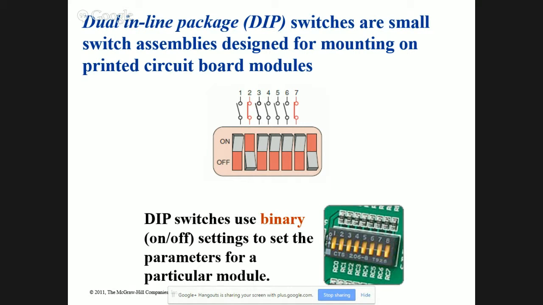Dip switches. A lot of our PLC cards will have configuration. Some of them, analog cards, if you wanted to have voltage input or current input or current output, sometimes you have to flip a dip switch. I don't know if I've said this before, but what's your number one friend when it comes to automation?